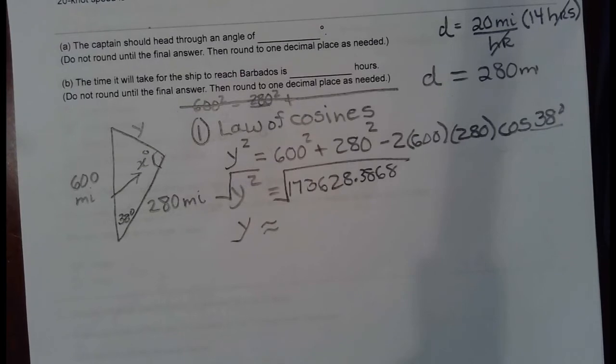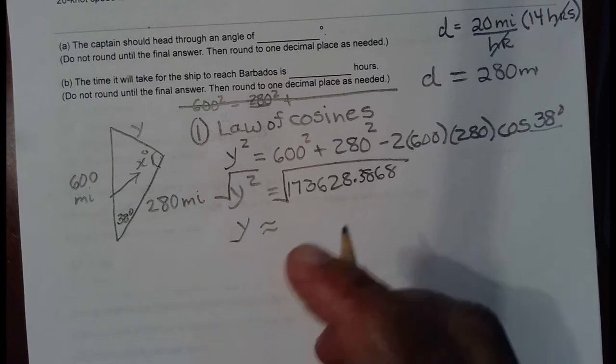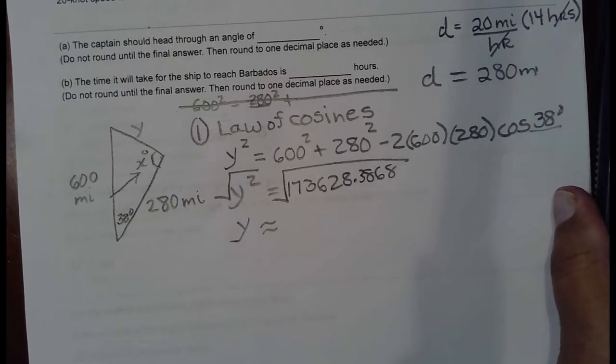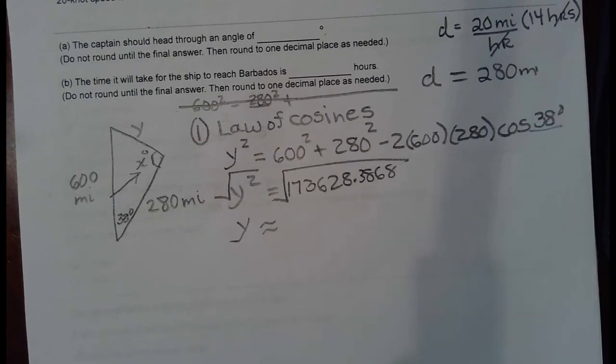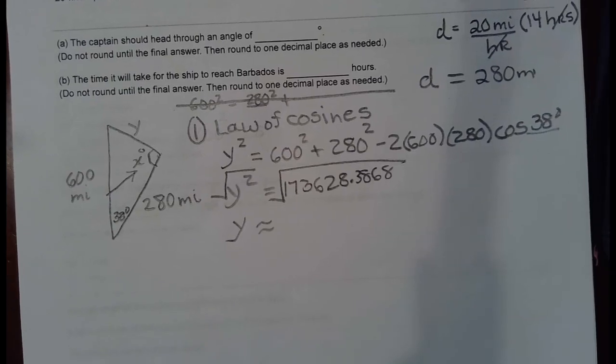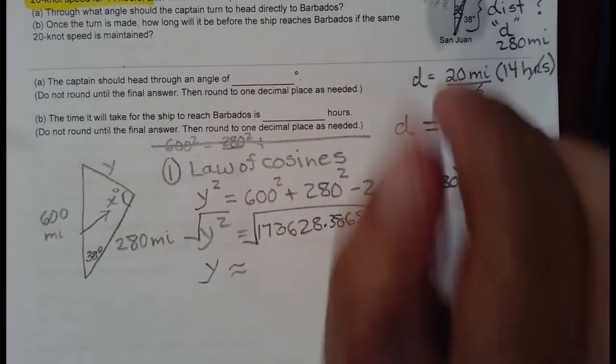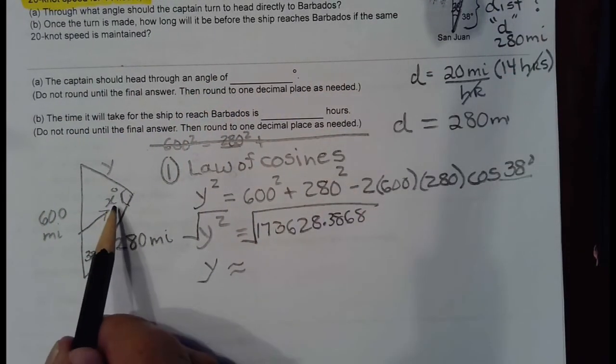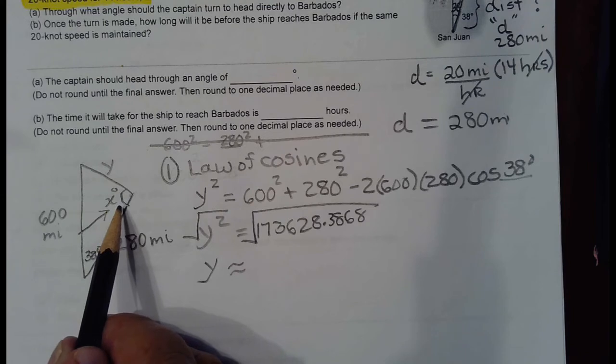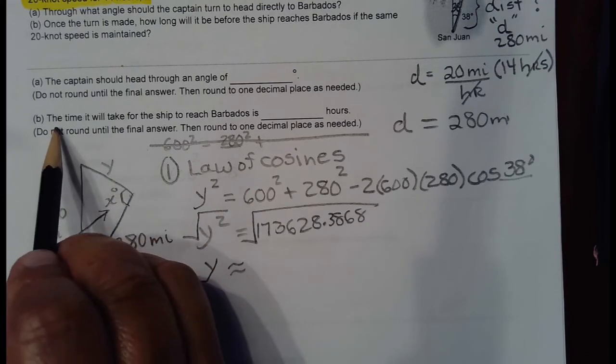After that little ship turns right there, how long will it take to get there? So, since this answer is in the middle of the problem, I'm just going to hold on to a lot of the decimal places. Okay. So I'm going to put this right here, 416.6874.